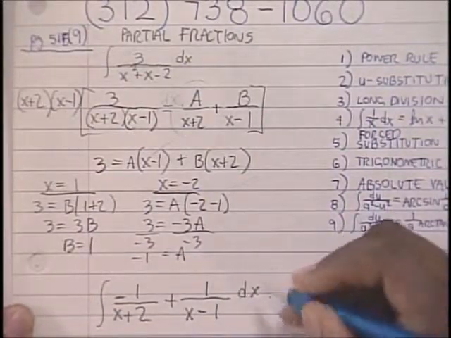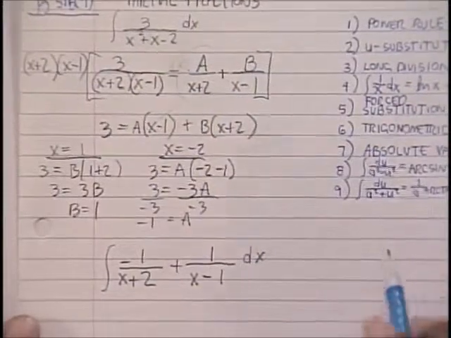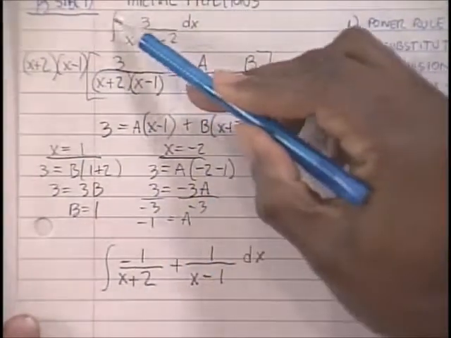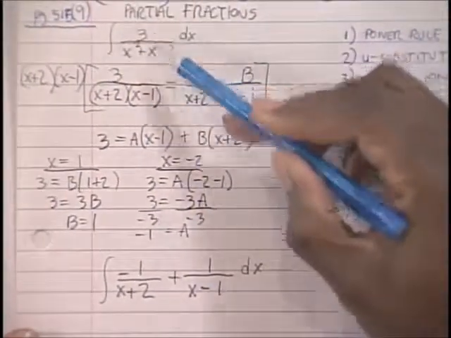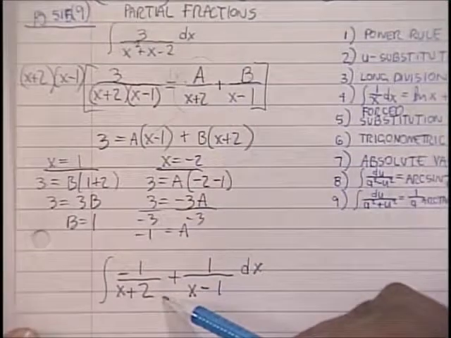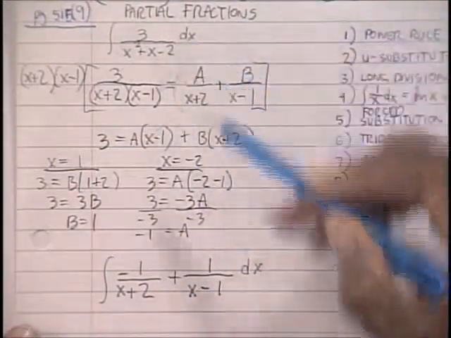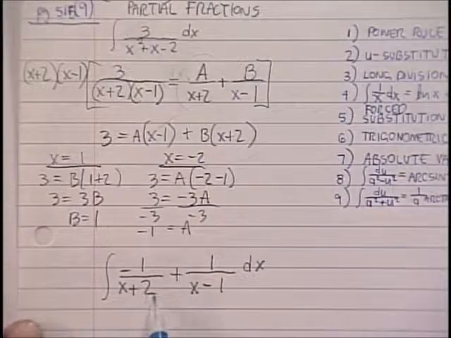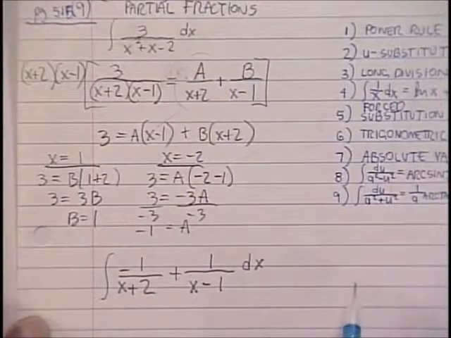So this is a technique where you have just rewritten the problem. This is the same thing as the original problem, but it turns out this is much easier to take the antiderivative of.